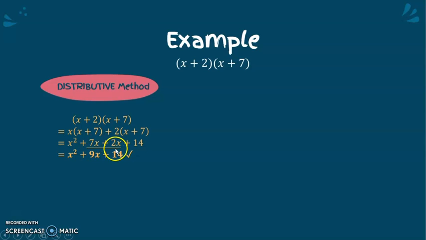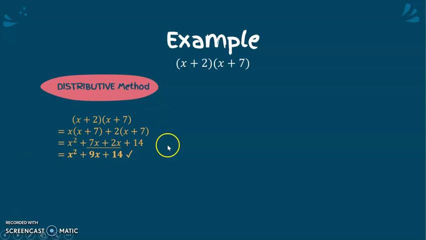We add because they have the same sign: 7 plus 2 is 9. Copy the common sign, plus, and then copy plus 14. So the answer is x squared plus 9x plus 14. That is the final answer.